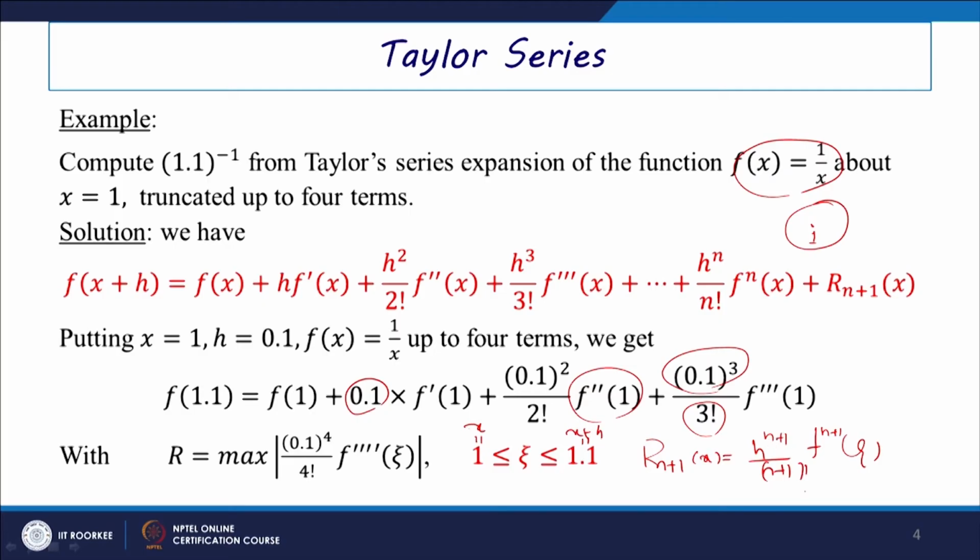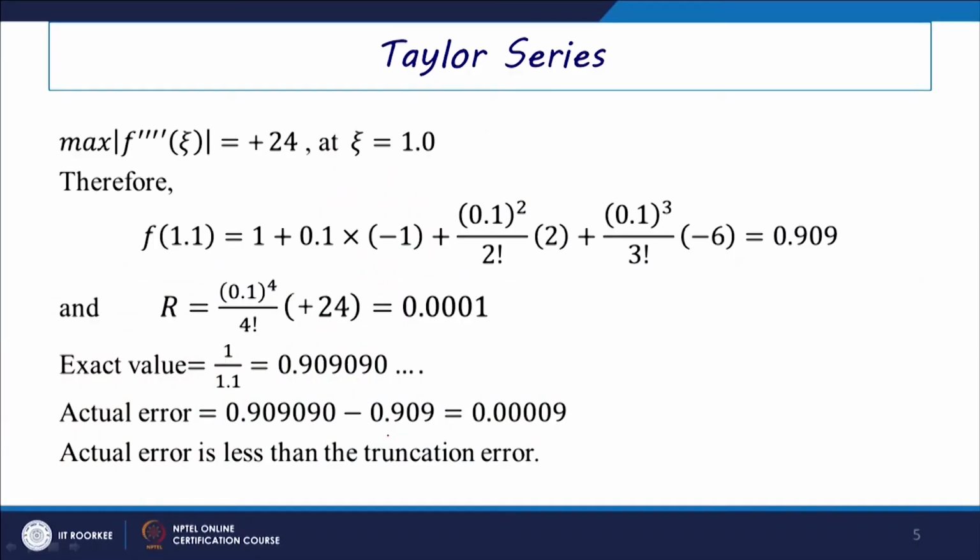So we are considering n equals to 3 here, and n plus 1 is 4. So 0.1 whole to the power 4 by 4 factorial and f to the power 4 zeta. If you go for this computation of the final value, then f to the power 4 of zeta for f of x equals to 1 by x is giving the maximum value, that is 24 at zeta equals to 1.0.